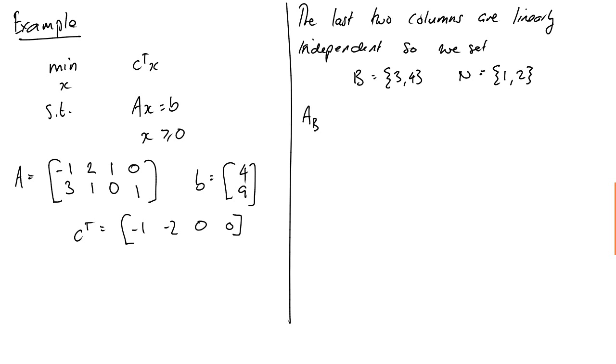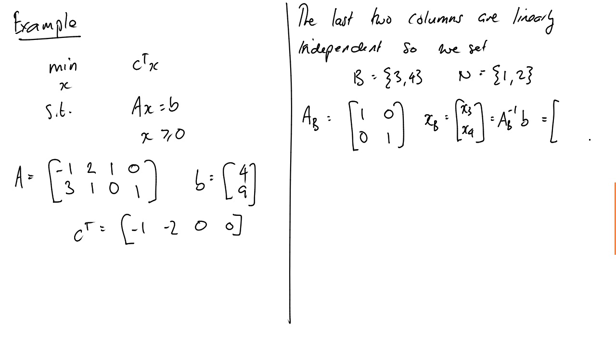So A_B is therefore equal to columns 3 and 4 of A. So it's going to be 1, 0, 0, 1. And our initial x_B, because we've chosen 3 and 4 as the variables x3 and x4, equals A_B inverse b.